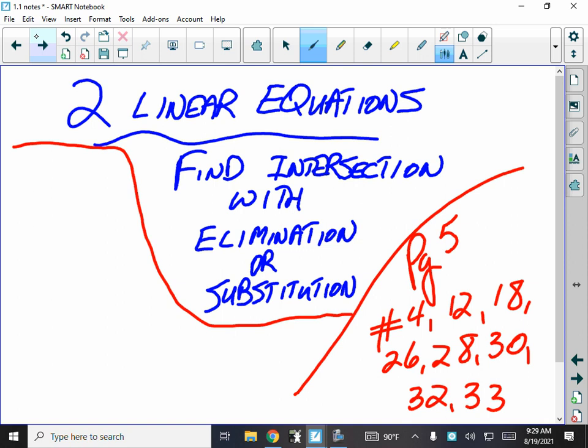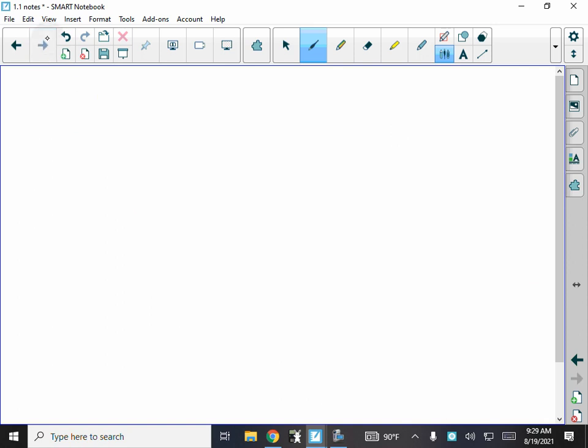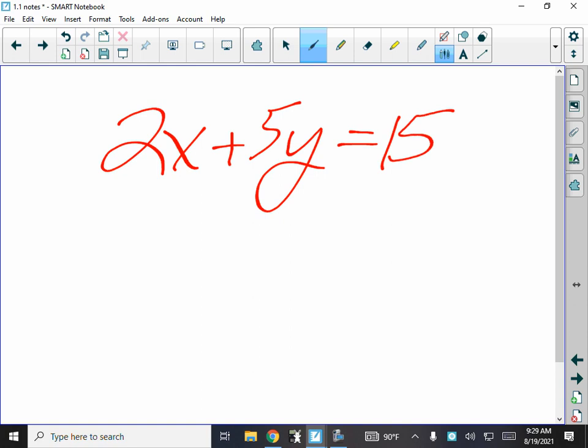Okay. Do you remember what elimination and substitution are? Let's talk about each one of those, and then let's talk about the equidistant thing again. I'll go back to the slide that has the assignment on it, so don't worry about that just yet. Let's say that I had 2 equations like 2x plus 5y equals 15 and 3x minus 6y equals 11.